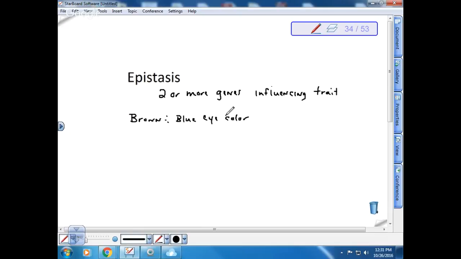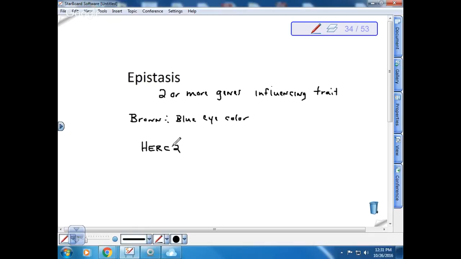It's more complex than that. Green is actually caused by a different gene that influences how the pigment is deposited in the iris of your eye. So we're just going to not talk about green eyes at all in this instance, okay? So we have a gene called HERC2.